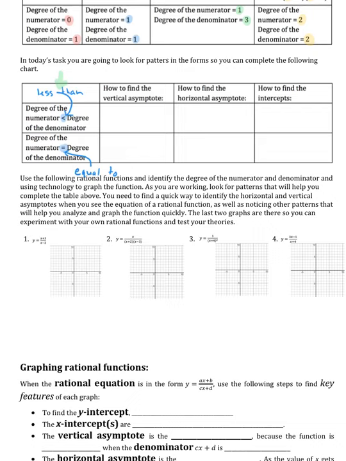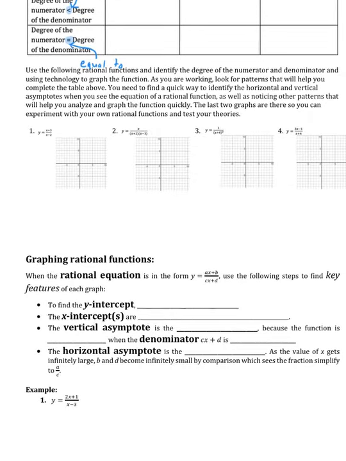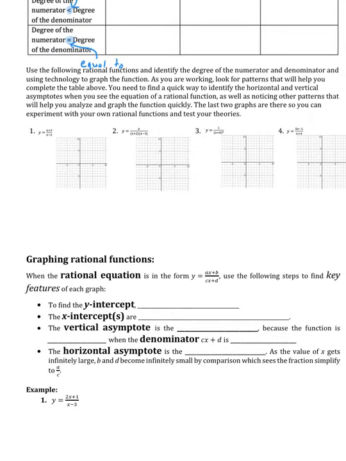What I want you to do first is we have these 4 problems down here, 1, 2, 3, and 4. I'm zoomed out on them a little bit. I want you to identify the degree of the numerator and denominator of each rational function. And then using technology, I want you to graph the function and sketch a quick graph on your paper.